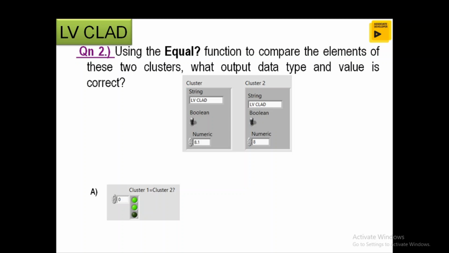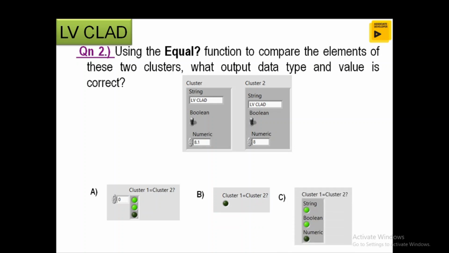Option A is that the output data type is an array, B is only one single element, and C is a cluster. When you compare two clusters with the equal function, you will get only a cluster as the output, so the option is going to be C. The string both are equal, the Boolean both statuses are equal, and the numeric alone is varying, that's why the numeric shows a dimmed green.